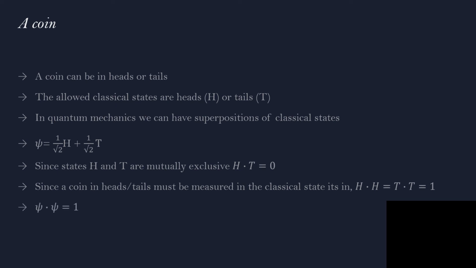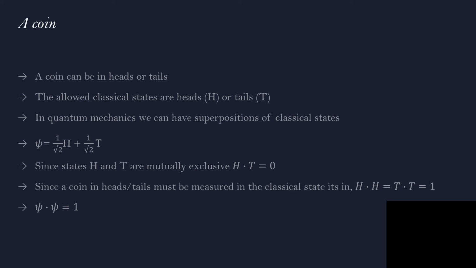And using the two properties of our classical states, we find that the inner product of our state vector dotted with itself is 1. This refers to the fact that if the coin is initially in the quantum state psi, then the probability of finding the coin in one of its substates, so heads or tails, upon observation is 1. It's definite.